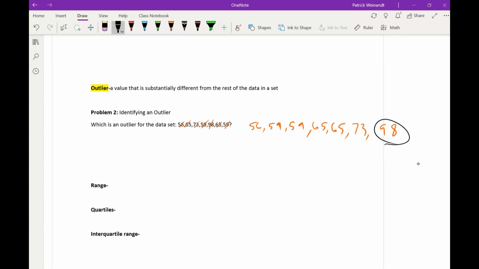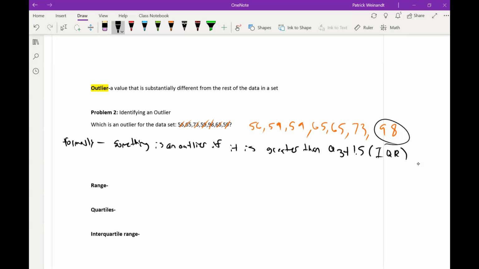But we're going to talk about how you can verify that it's different. Formally, something is an outlier if it is greater than quartile 3 plus 1.5 times the interquartile range.